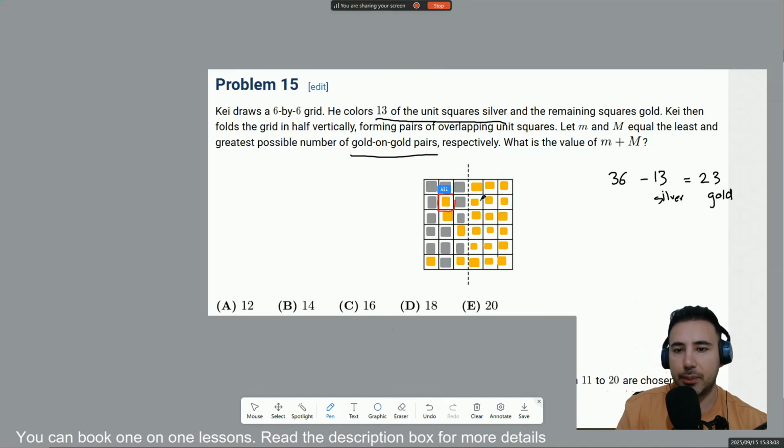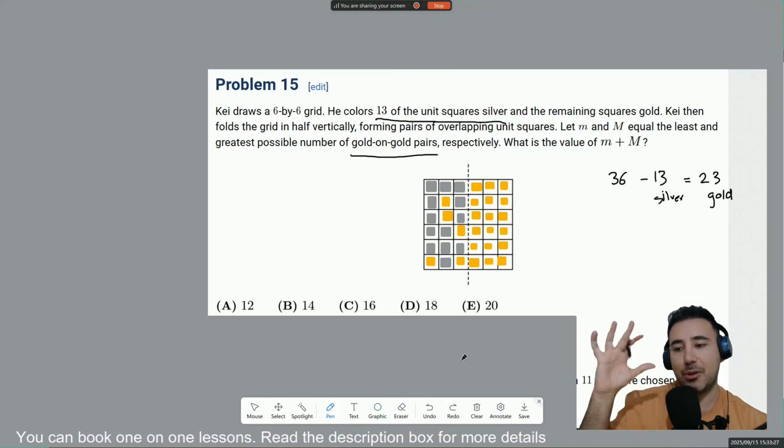This on this, this on this, this one and this one, this one and this one, and this one and this one. So we're going to have 5 gold on gold. And that would be the least amount, because I put all the silvers on one side.